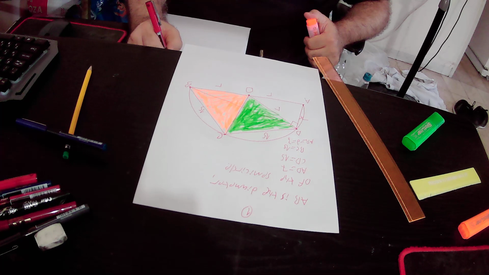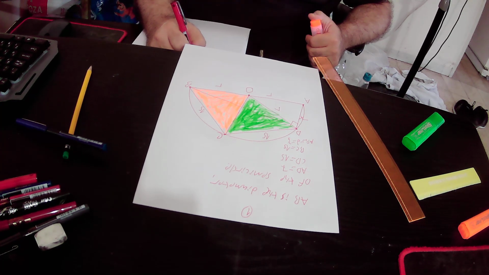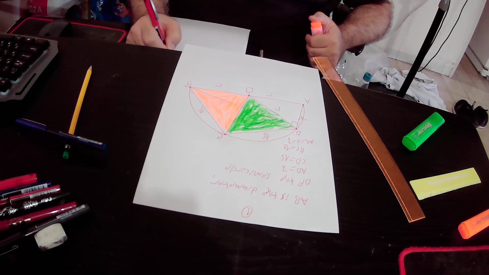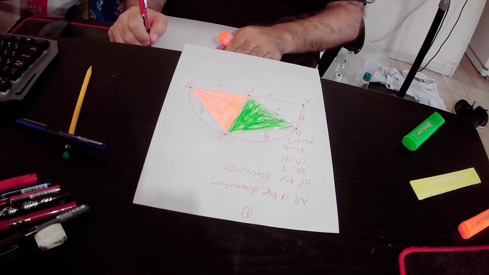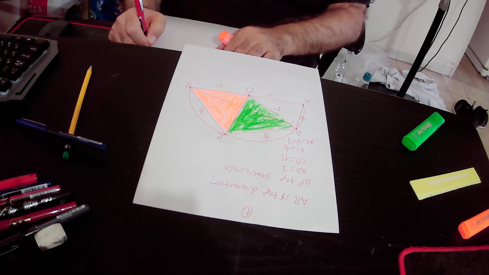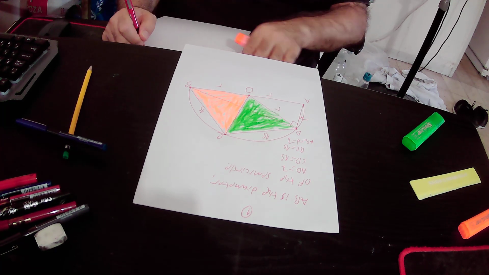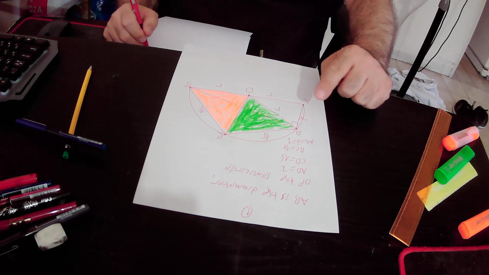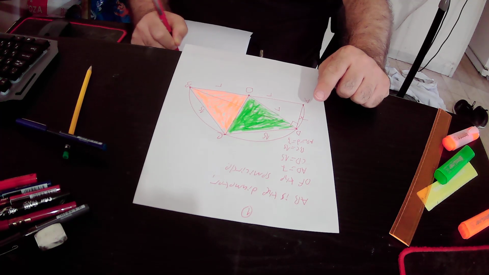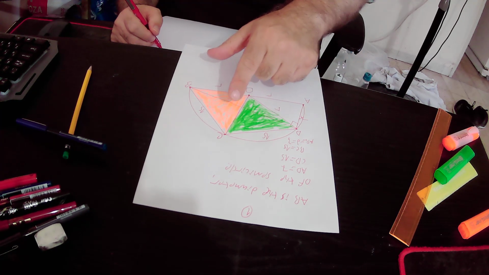So in triangles DOC, that is the green triangle, and triangle OCB, that is the orange triangle, we know that side DC of the green triangle is equal to side CB of the orange triangle.